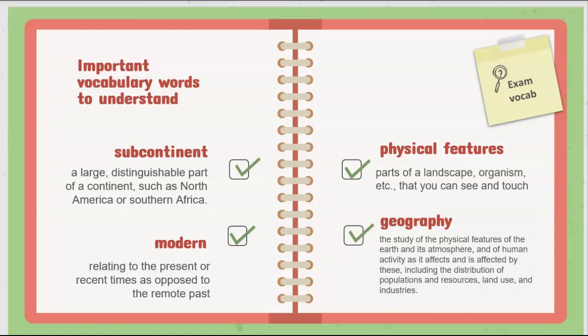Modern is relating to the present or recent times as opposed to the remote past. Physical features are parts of a landscape, organisms, etc. that you can see and touch. And geography is the study of the physical features of the Earth and its atmosphere, and of human activity as it affects and is affected by these, including the distribution of population, resources, land use, and industries. That's a lot of wording.